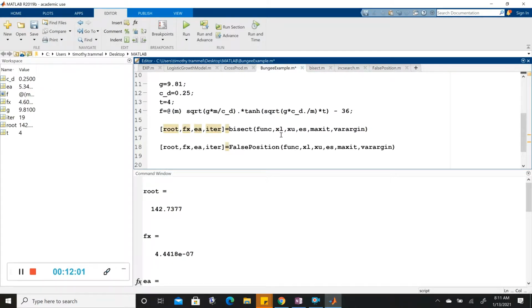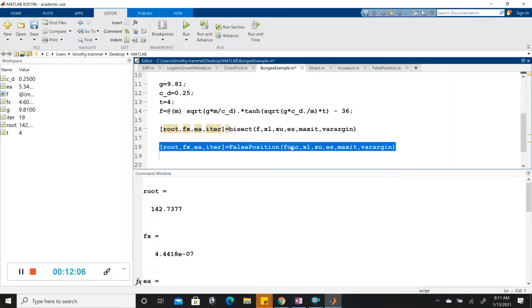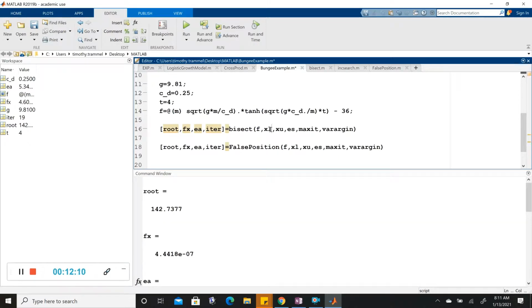All right, and since we're going to be using f for our function on each one of these, let's change those to f. Okay. And then let's use the same x lower and x upper for each one of these. How about we do 120 to 160, and we'll do that here as well, 120 to 160. And let's just use the defaults. So let's just get rid of the rest of this.